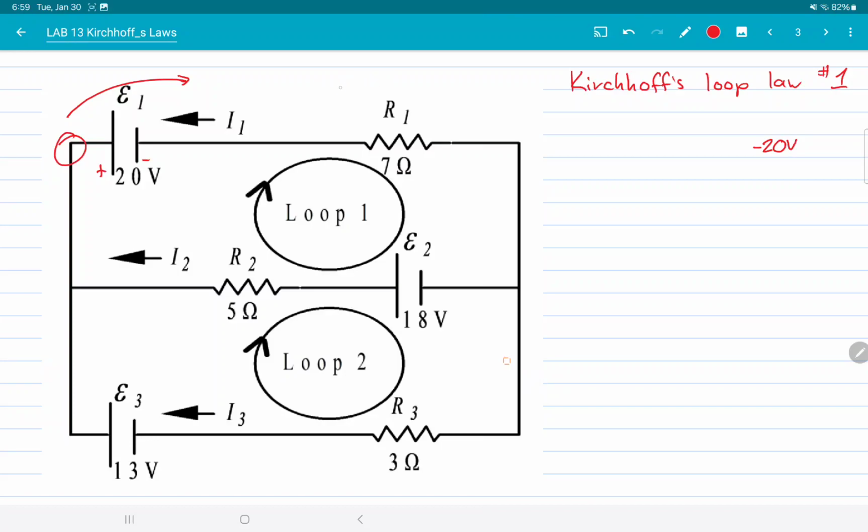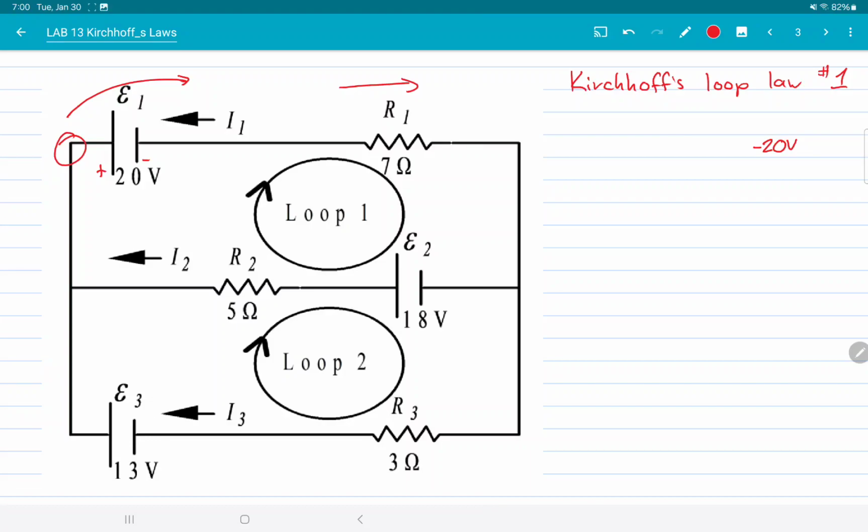As I continue through my circuit, I'm going across R1, but I'm going in the opposite direction of the current. Now, normally we talk about a voltage drop as we go across the resistor. Well, if I'm going backwards across the voltage drop, it actually ends up being a voltage increase.